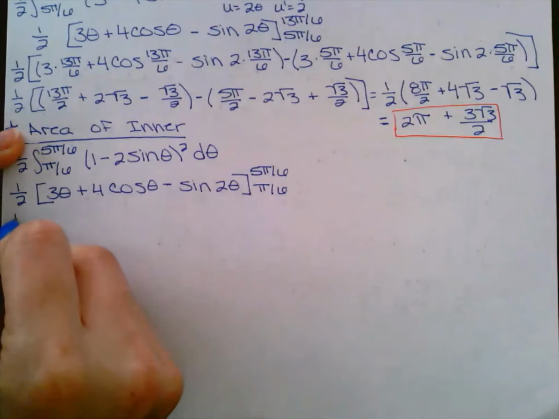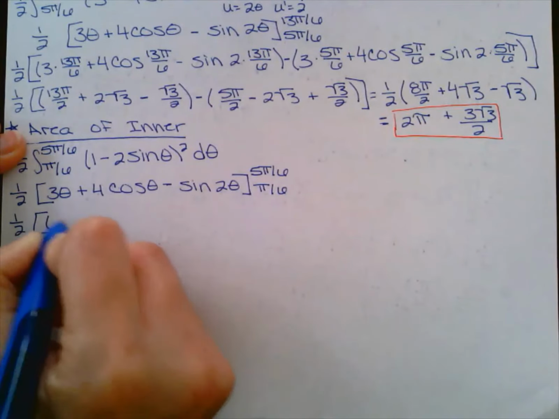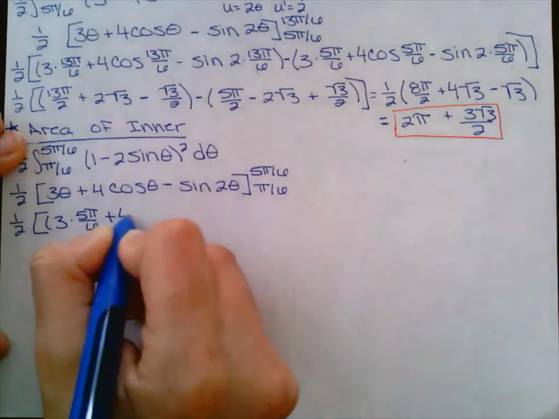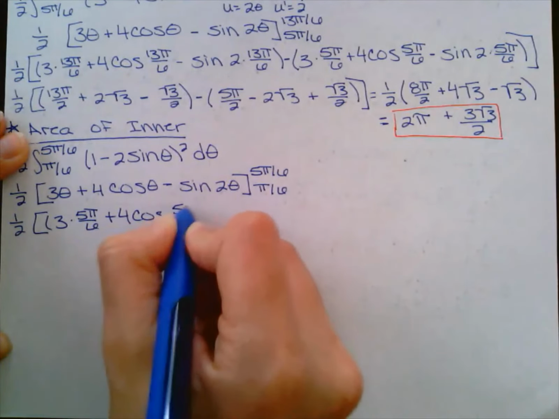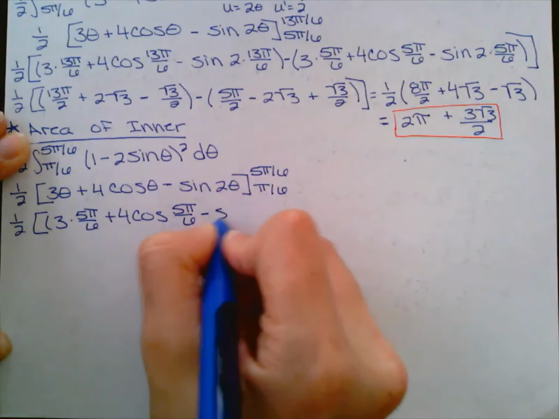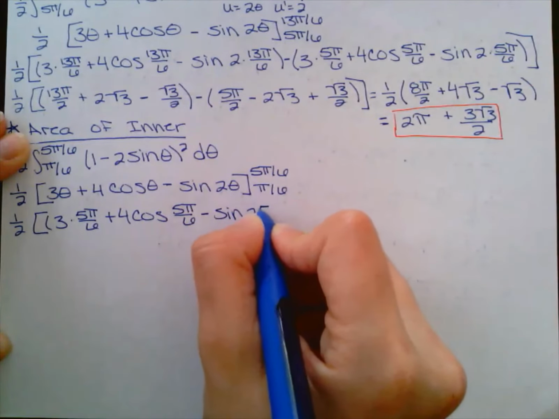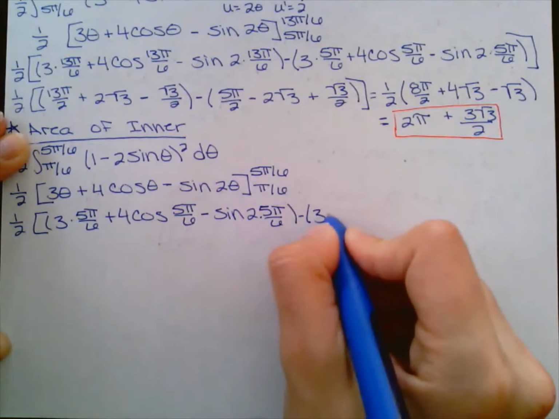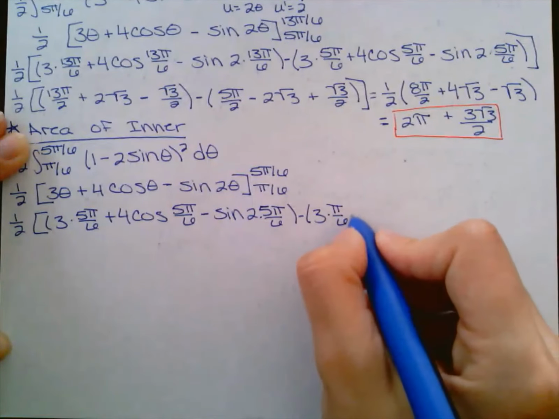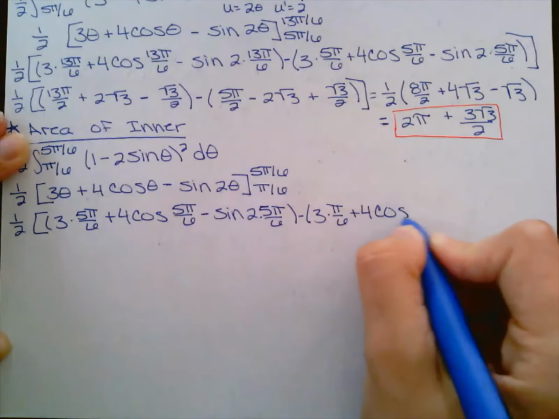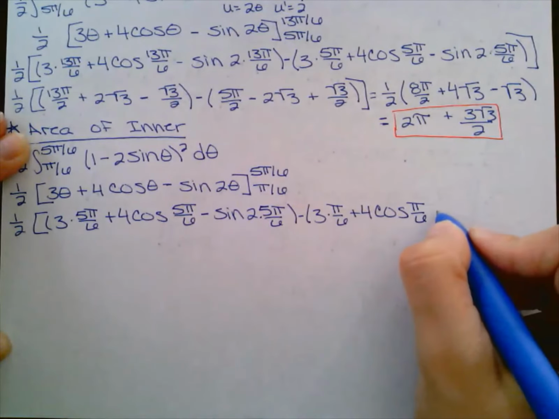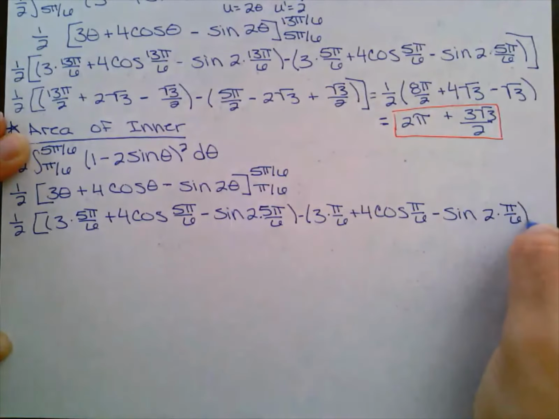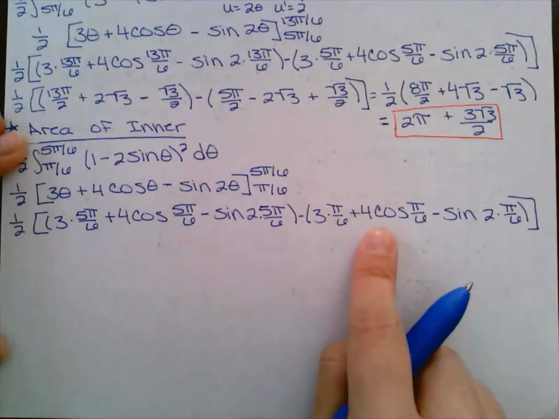So at this point, I'm going to bring down my half, and I'm going to do my f of b minus f of a. All right, I just plugged in my function at b minus my function at a.